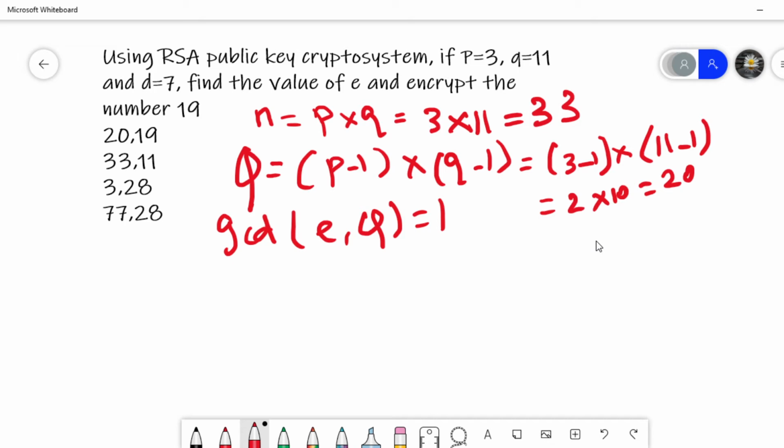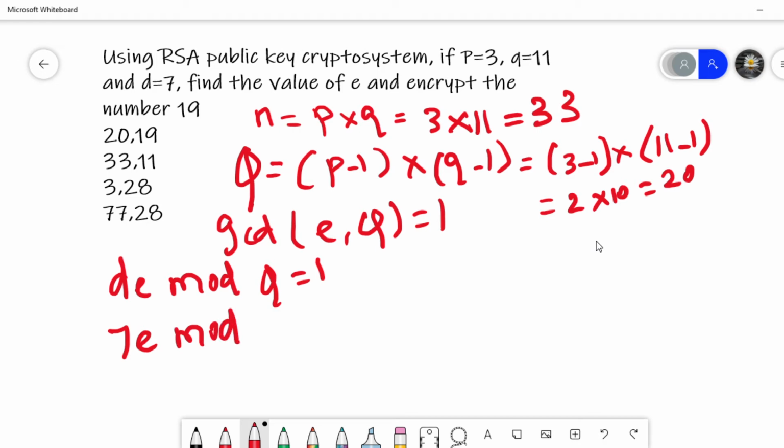Then the formula for computing the D value is DE mod pi is equal to 1. Here the D value is 7. Then pi value is 20.